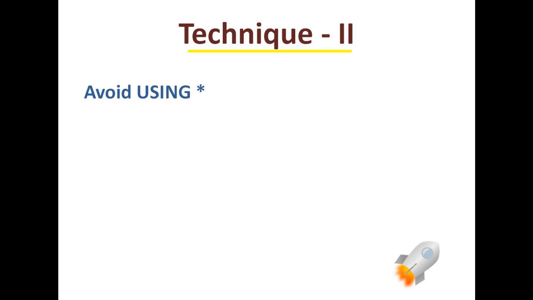Now, why this is happening is because when you write select star from table 1, it then gets converted into the query select column 1, column 2, column 3 from table 1. So when you write select star, you are basically making one more step to be done before it gets converted into the actual query.